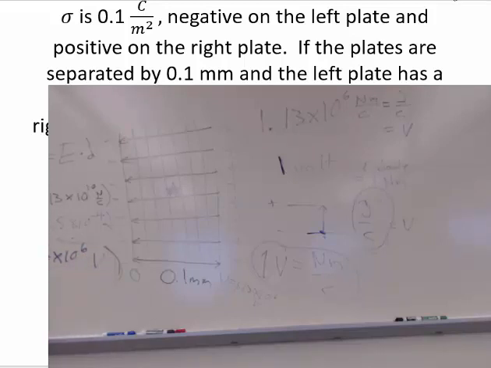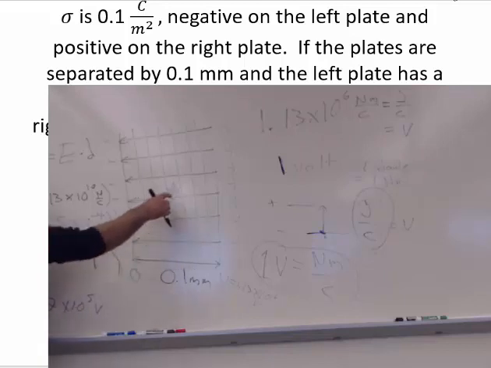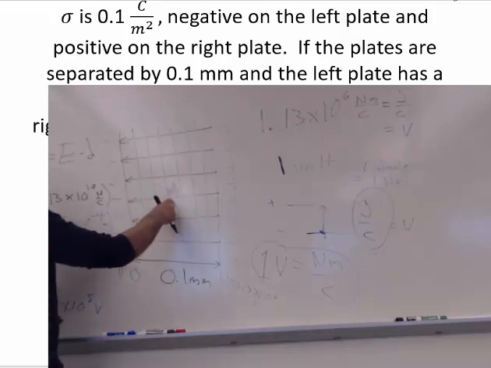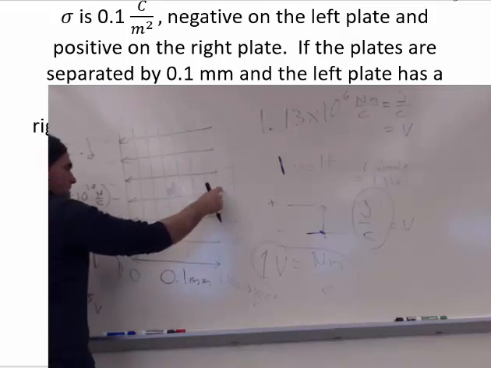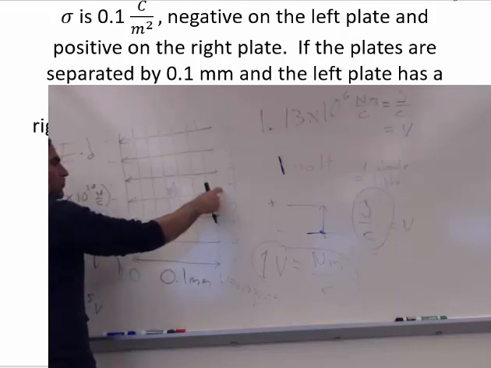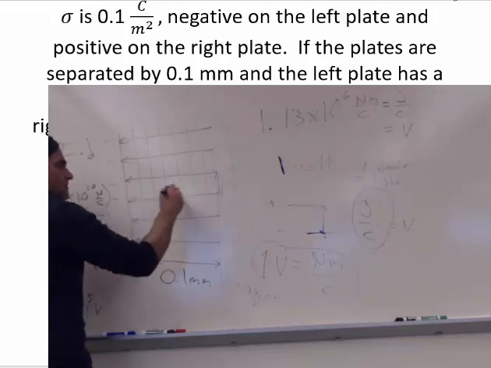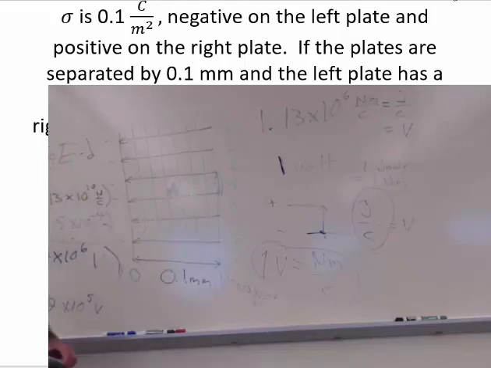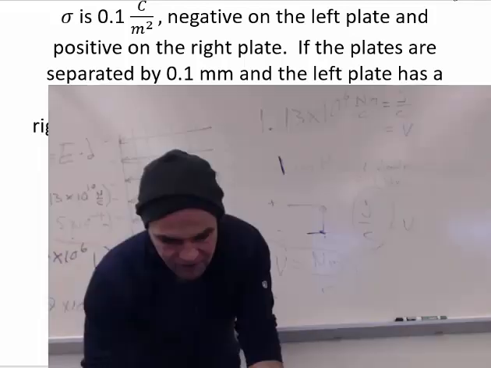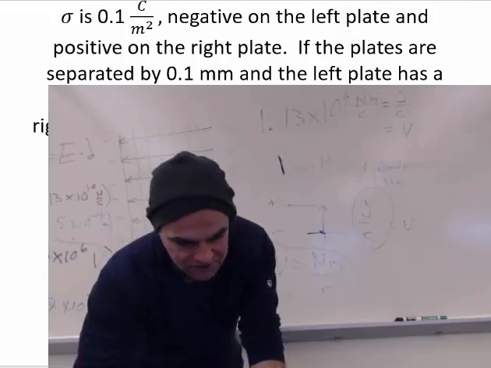Or if you like, 5.7 times 10 to the 5th volts is the potential here, and 11.3 times 10 to the 5th volts, or 1.13 times 10 to the 6th volts, is the potential here. All right, so that was this problem that we started in the last video.